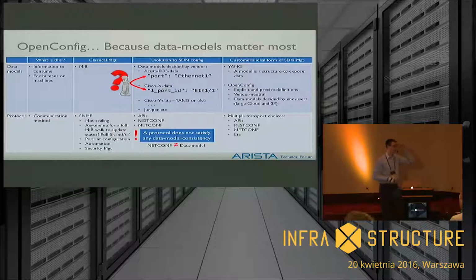So some vendors brought some APIs to allow a more programmable network. One of the problems is that those APIs were dependent on what kind of information was available on the network device and how that data was initially stored.